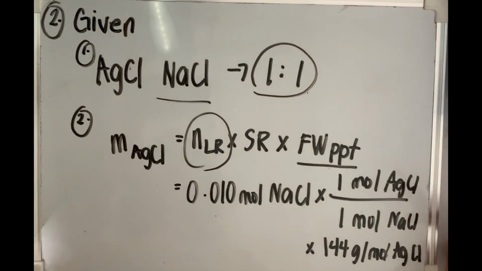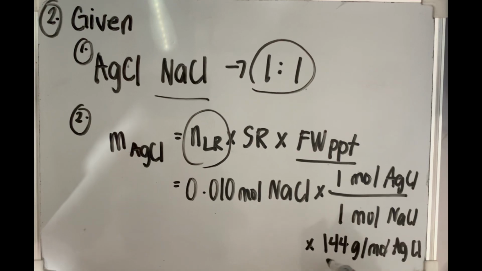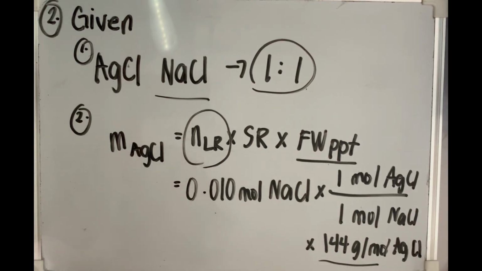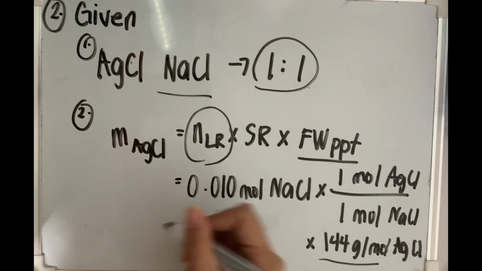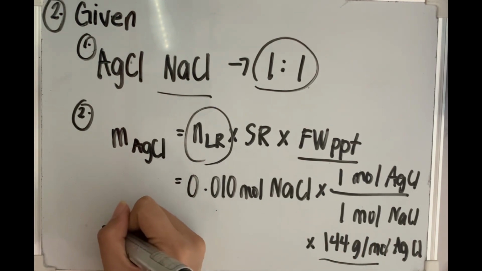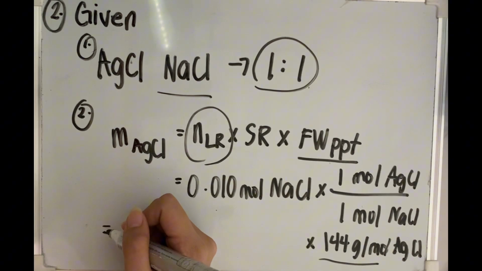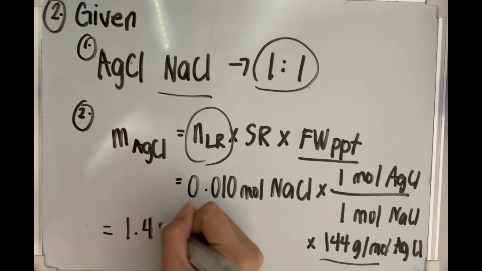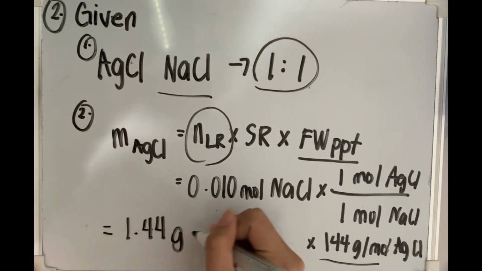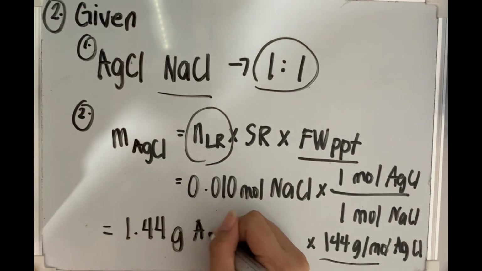After finishing this, I will explain it later. So, in solving that one, we would get the total answer, which would be 144 grams of AgCl.